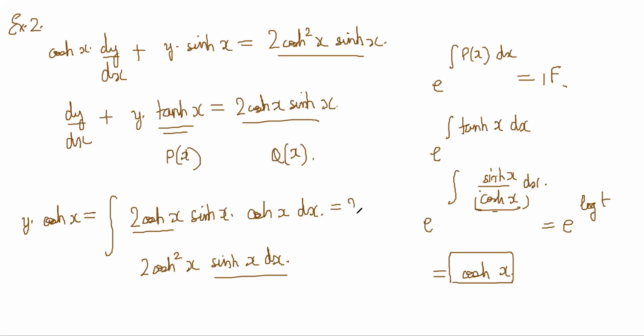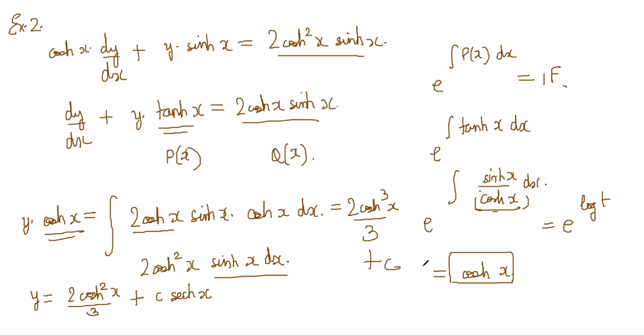So 2 cos hx whole cube by 3 plus c. So y will be equal to 2 cos hx whole square by 3 plus c sec hx, divided by cos hx. Something like this should come.